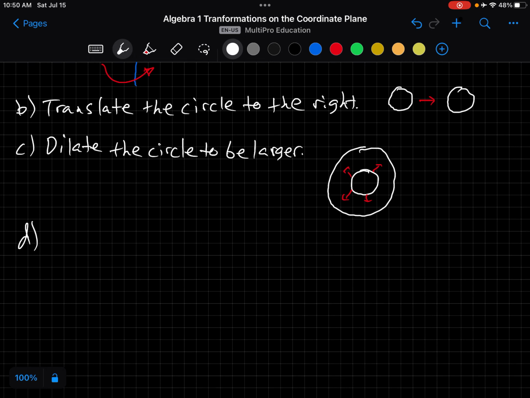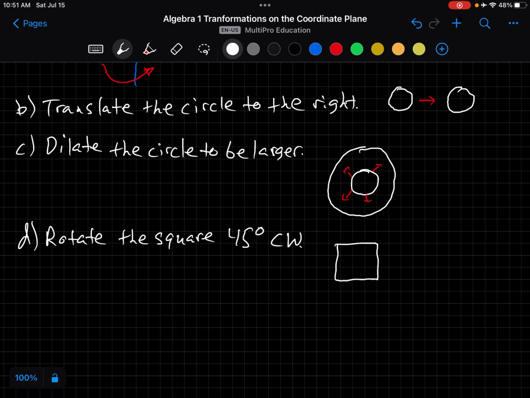Okay, let's keep going here. We have one more part of this example. We want to rotate the square 45 degrees clockwise. So if you ever see CW, that means clockwise. That's the direction of the hands of the clock as it's telling time. CCW would be counterclockwise. Okay?